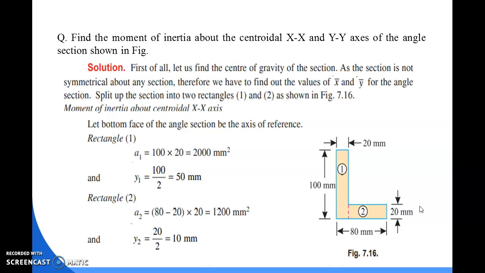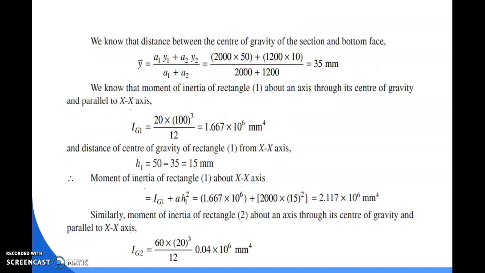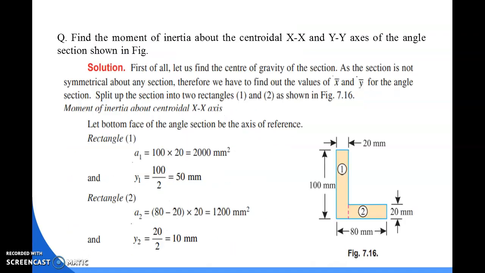As we know, the angle section is one kind of unsymmetric section, so in this case we have to calculate the center of gravity along both axes, that means along the y axis and also along the x axis. So first of all, we need to find out the center of gravity along the y axis.